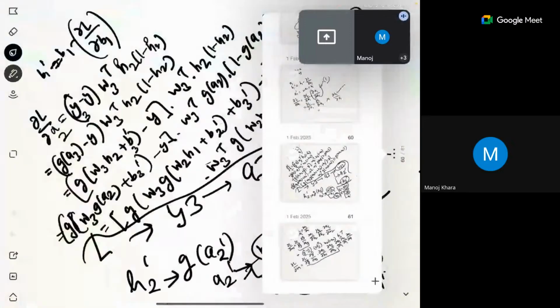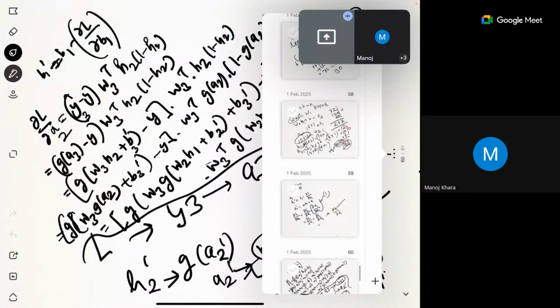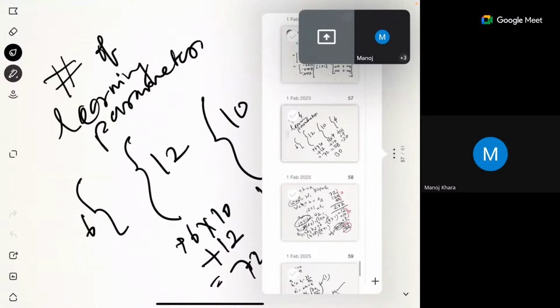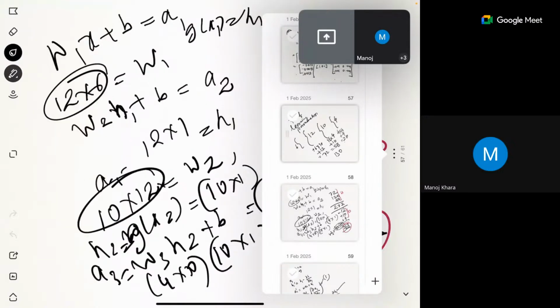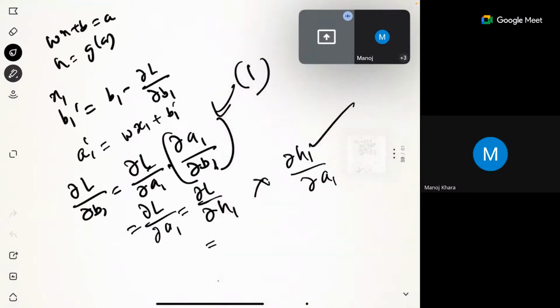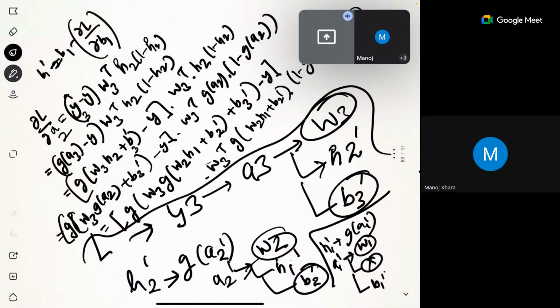Yes. Okay, sir. So I have computed this parameter. Suppose I need to calculate del L by del B1. I'm trying to say del L by del A1 and del A1 by del B1, and then del A1 by del B1 is H1. Then B1 prime is B1 minus del L by del B1.